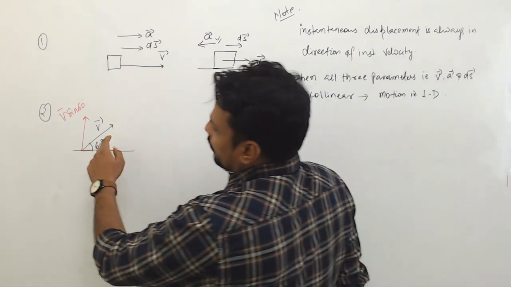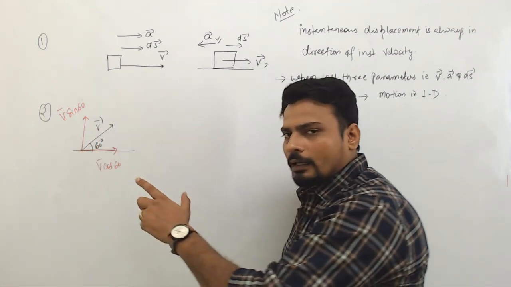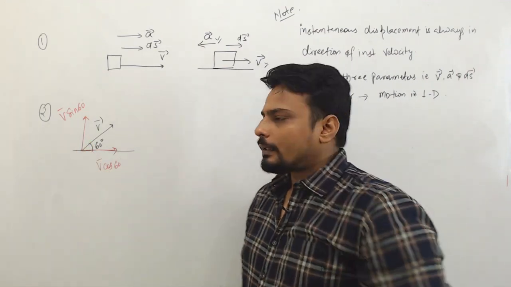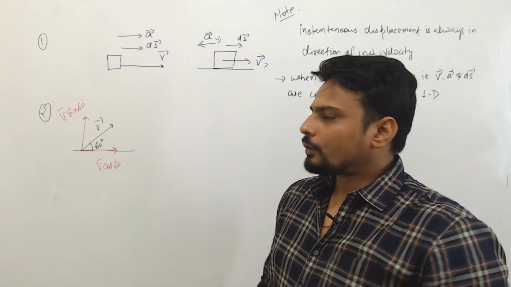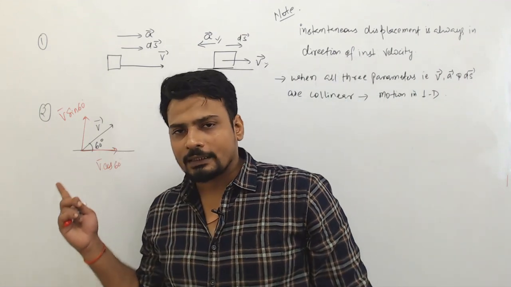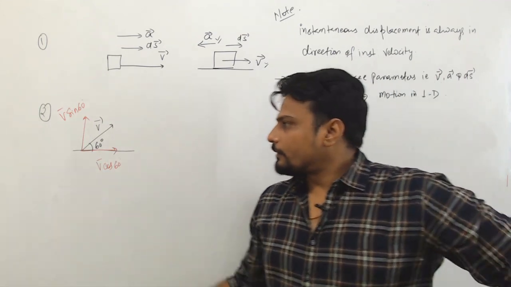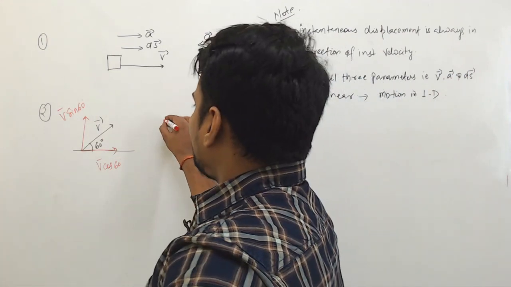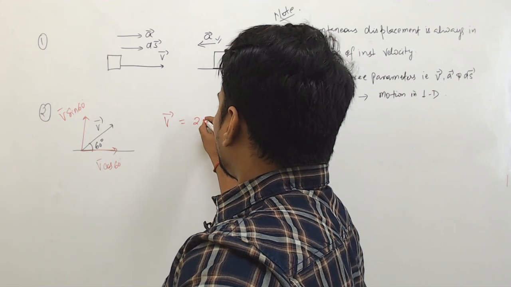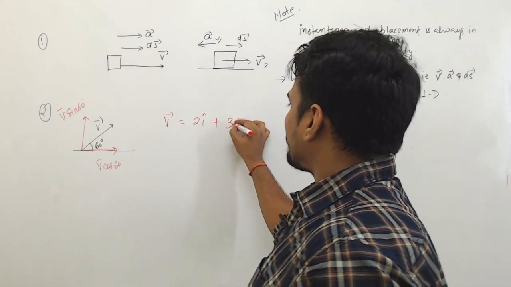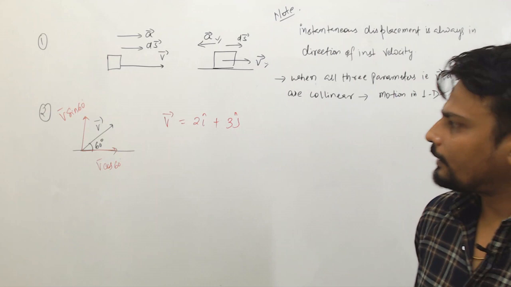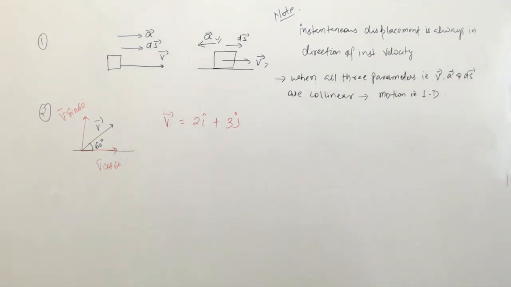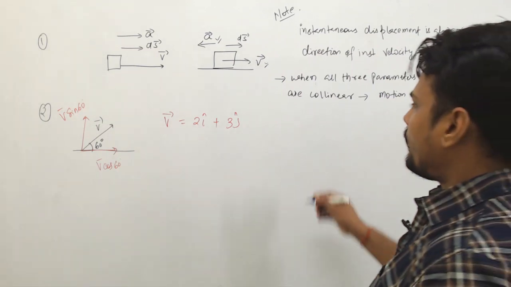Now you can see that the components of this velocity are getting diverged in two dimensions. So whenever the components of the parameters could be written in 2 dimensions, that is called motion in 2D. Let's say, for example, if I write velocity is equal to 2i cap plus 3j cap. Look, its component is along the x-axis as well as along the y-axis. So this is called motion in 2D.